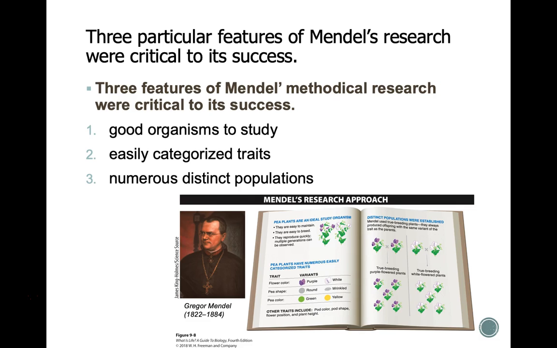He was also able to sort of isolate his populations and therefore have distinct populations that were not interbreeding. And part of this was due to the ability to make sure that the lines were sort of "pure."